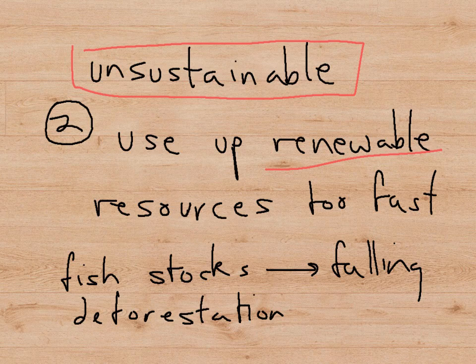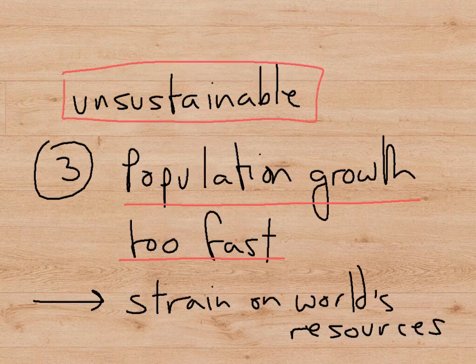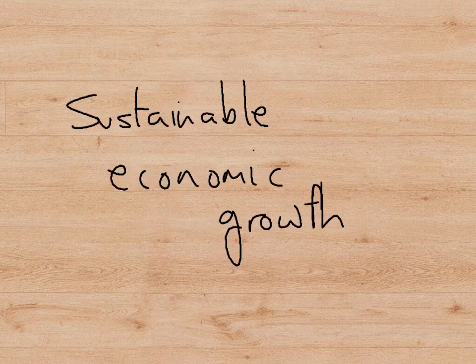So now we have two examples of unsustainable economic growth, and we can look at a third example of unsustainable economic growth, which is where we allow population to grow too fast. Increase in population puts a huge strain on the world's resources, and this means that we cannot maintain our speed of economic growth or our rate of economic growth, and this is another way in which economic growth can be seen as unsustainable.